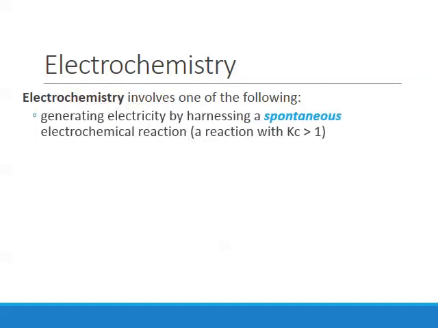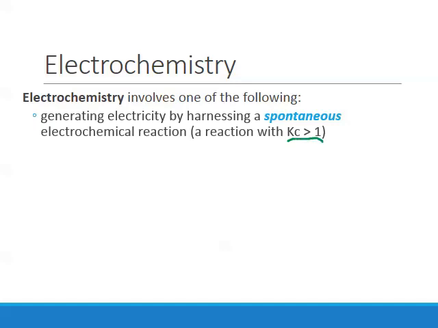About 80 to 90% of our unit is going to focus on the first aspect, which is taking a redox reaction, we'll get into that later, an electrochemical reaction, one that is spontaneous, meaning from an equilibrium perspective that it has a large Kc value, and that's a very important idea.